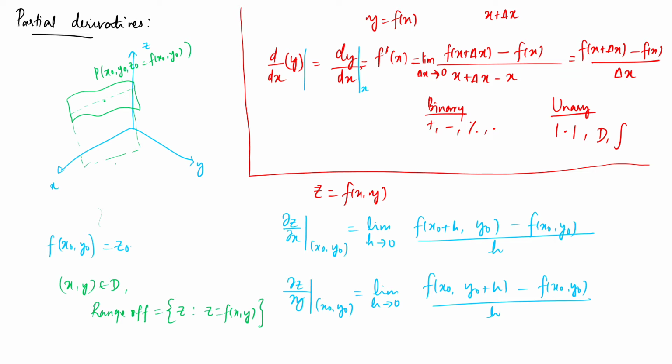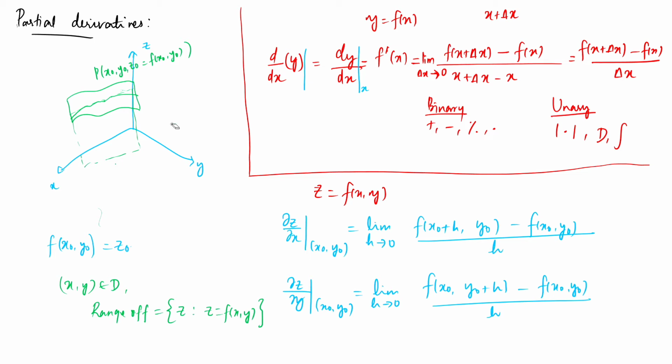So you are able to identify some plane like this. When it cuts the surface, you are able to find a curve like this. Your surface is not a flat surface, it is a curved one, so you will get a curve.